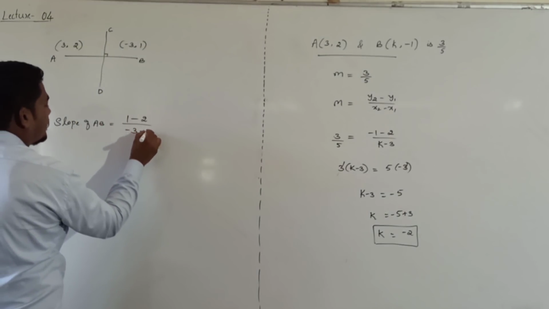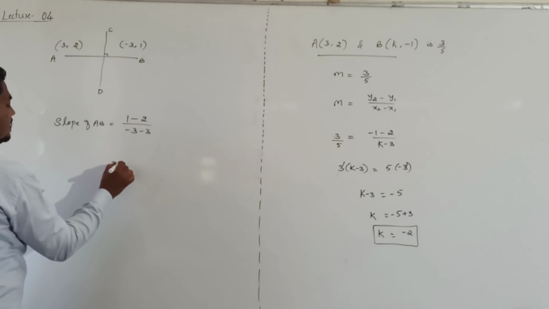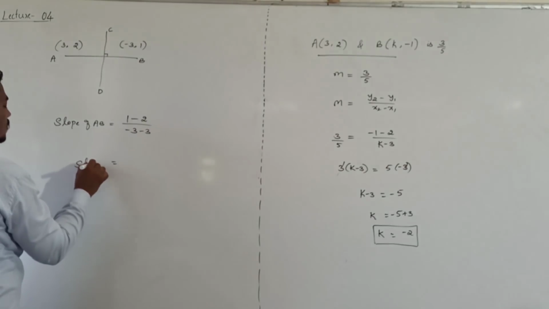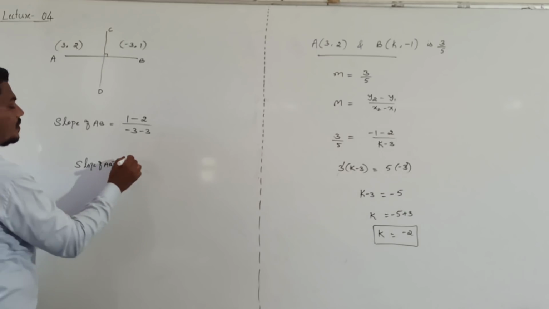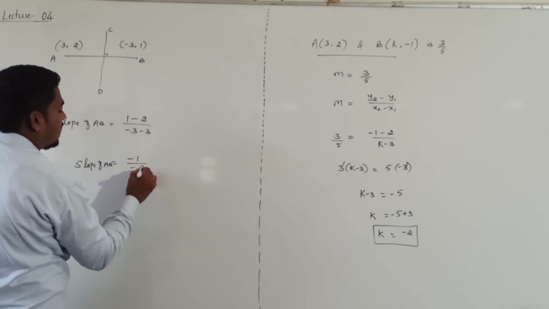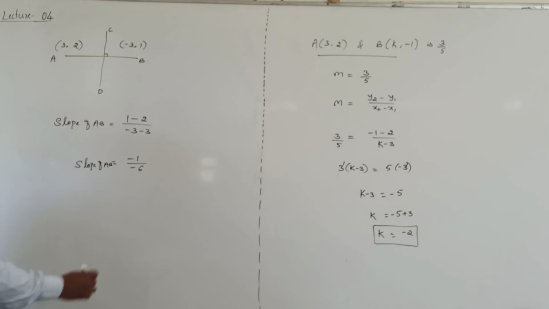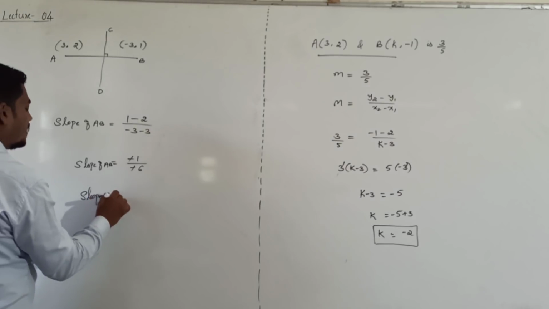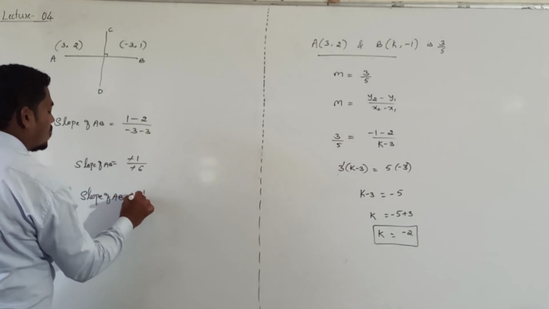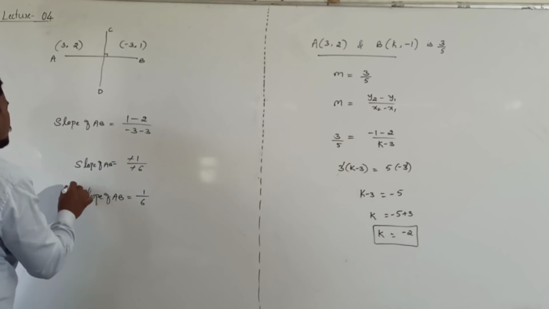That is minus 3... so slope of AB equals minus 1 divided by minus 6. The negative sign will get cancelled. Therefore, slope of AB is equal to 1 divided by 6.